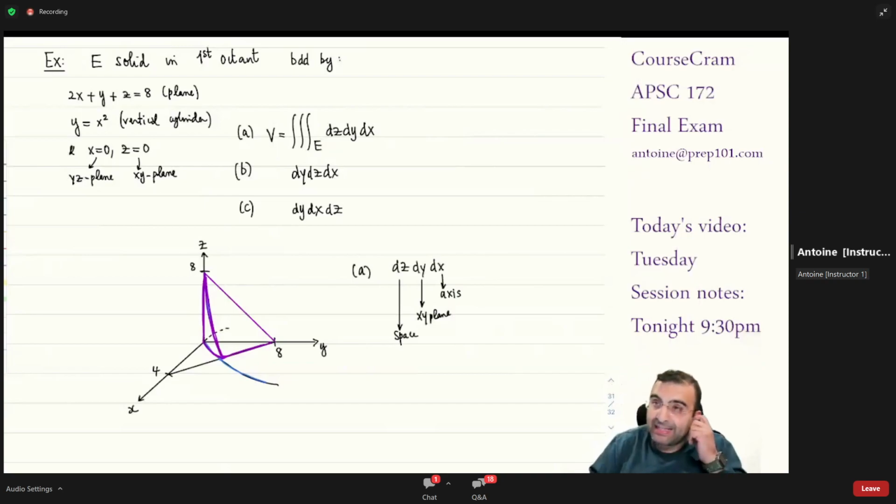Where does x live on the x-axis? So this is y equals x squared. And it's intersecting this line, which we said is 2x plus y equals 8. So this is when x is equal to 2. You can check that.